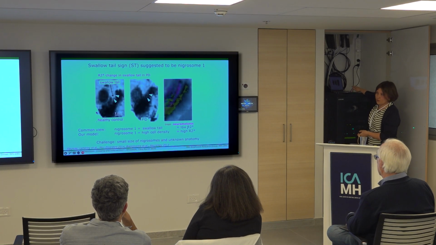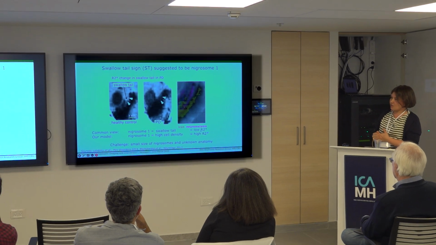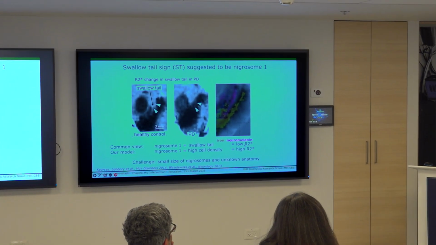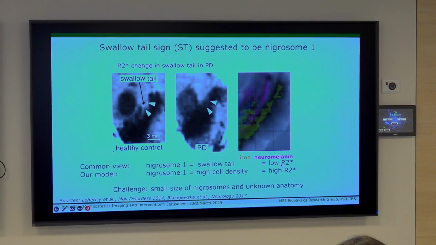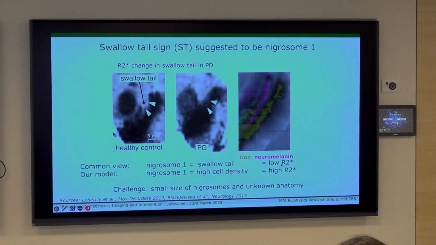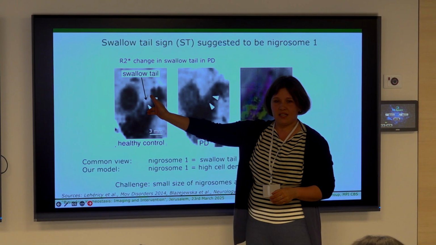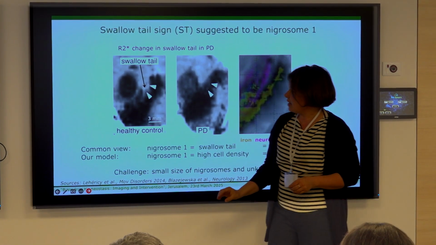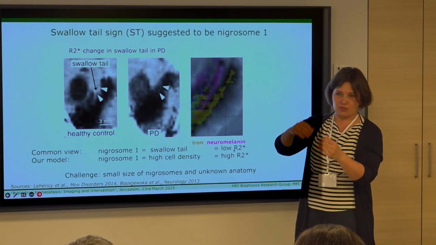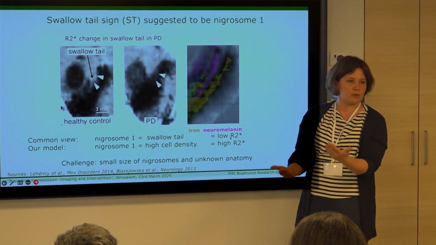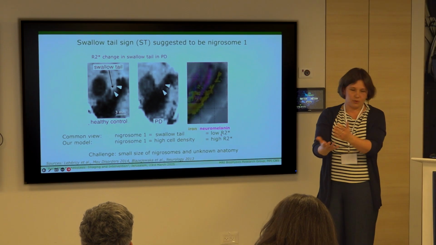When we started to do it, we faced the fact that our interpretation and our model, which worked very nicely, actually contradicted completely the common view. People thought that the nigrosome is the same as this bright tail in the substantia nigra. And our model predicted that due to the presence of many, many cells, it should be really dark. And we have seen it in postmortem tissue. So it's not just some mismatch, it's completely opposite.